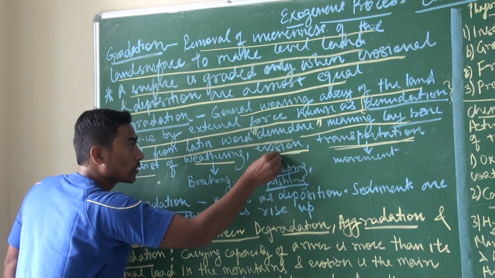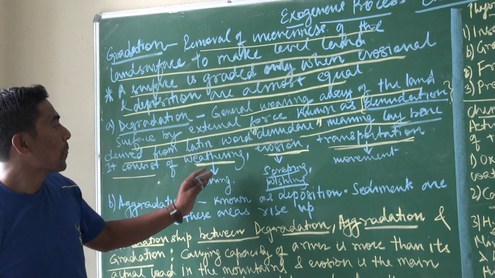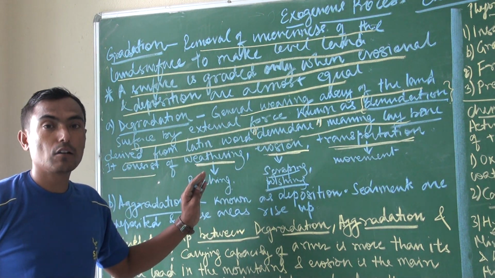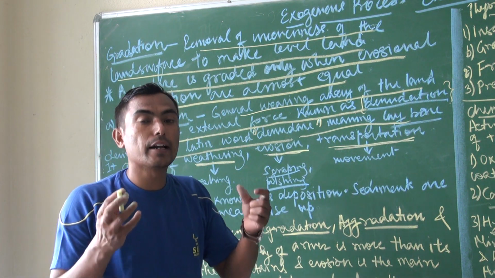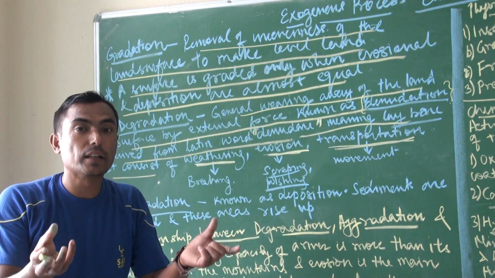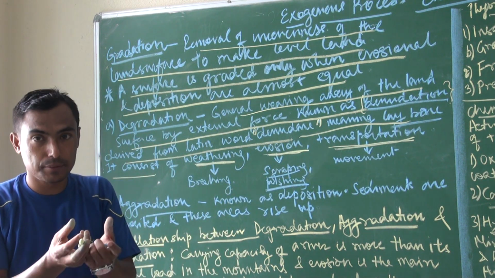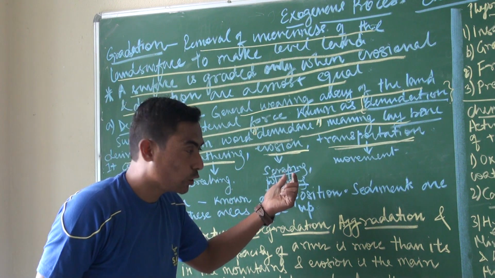That also does not come between weathering and erosion. So here, weathering means natural breaking down of rocks. Erosion means scraping, polishing, and smaller rocks colliding among each other and breaking. When they break, that is called erosion.